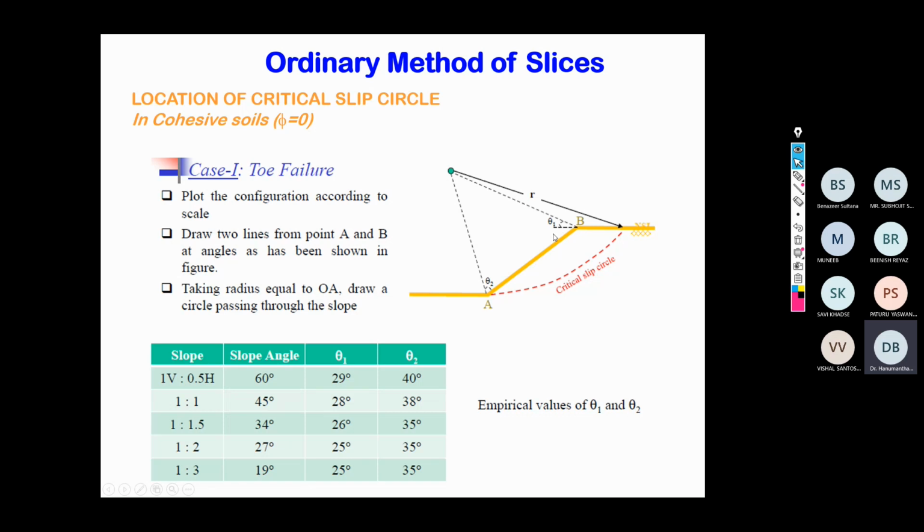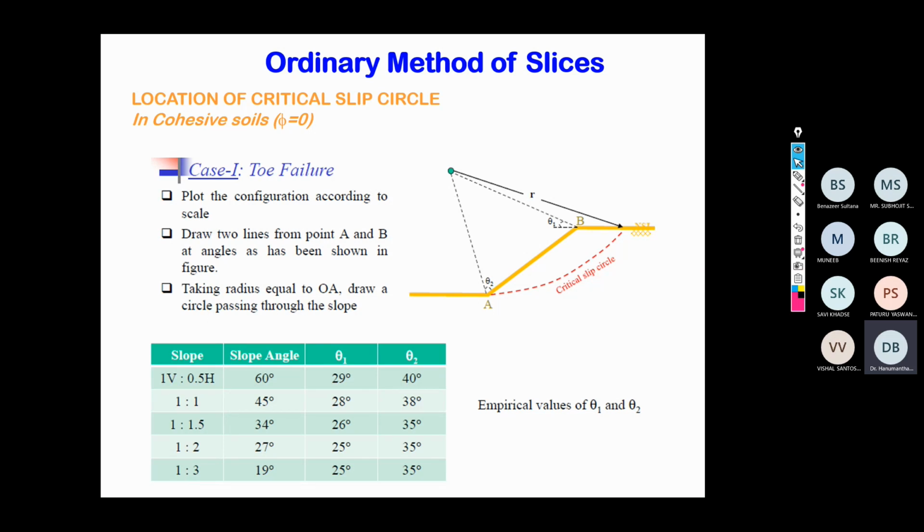And theta 1 is the angle of the line connecting the center to the top of the embankment with respect to the horizontal. You can make any number of trials like this. You can assume any value of theta 1 or theta 2 and draw the lines, and wherever these two lines meet, that gives you the center of the circle.